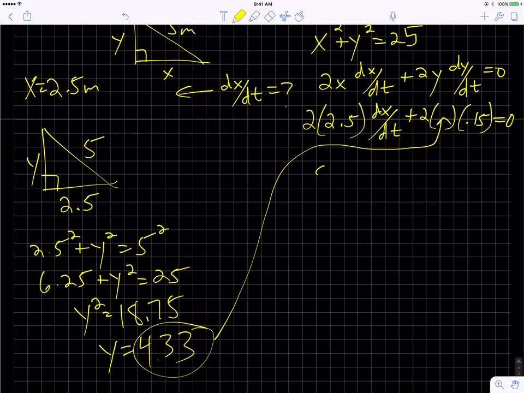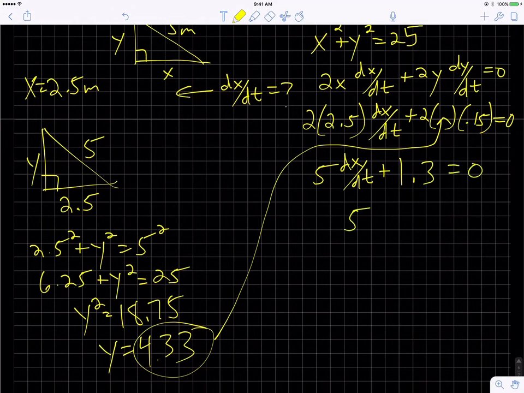So 2 times 2.5 is 5 dx dt plus 2 times the 4.33 times 0.15 is 1.3 approximately.